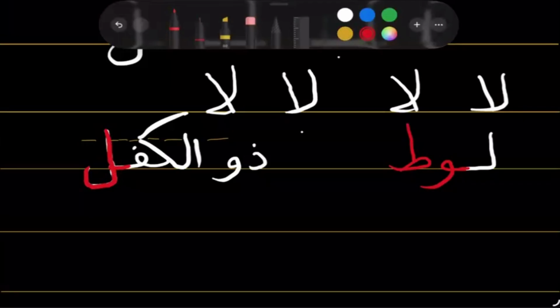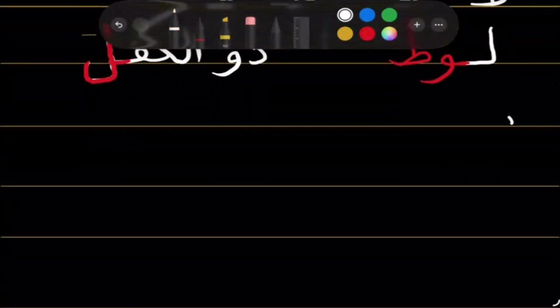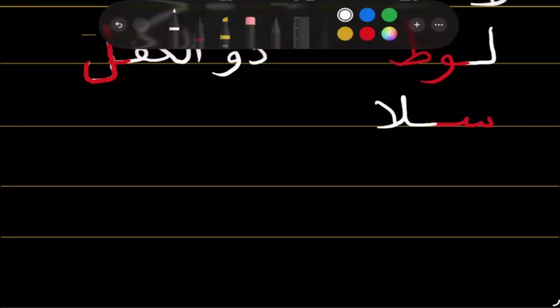What about this lam alif here? Take a look at the word salam. And this lam alif, what are all the ways you can write it? There might be some other things I didn't mention to you. I need to review it myself.